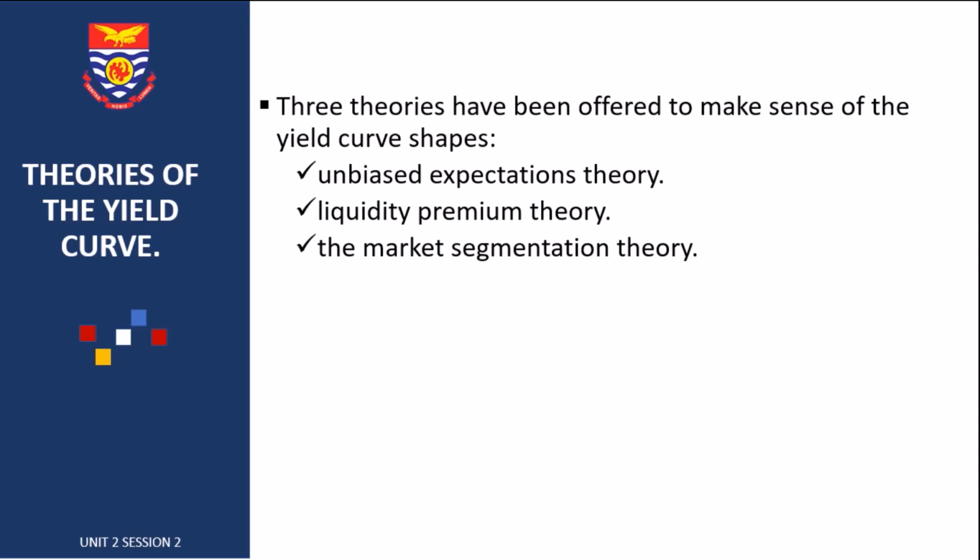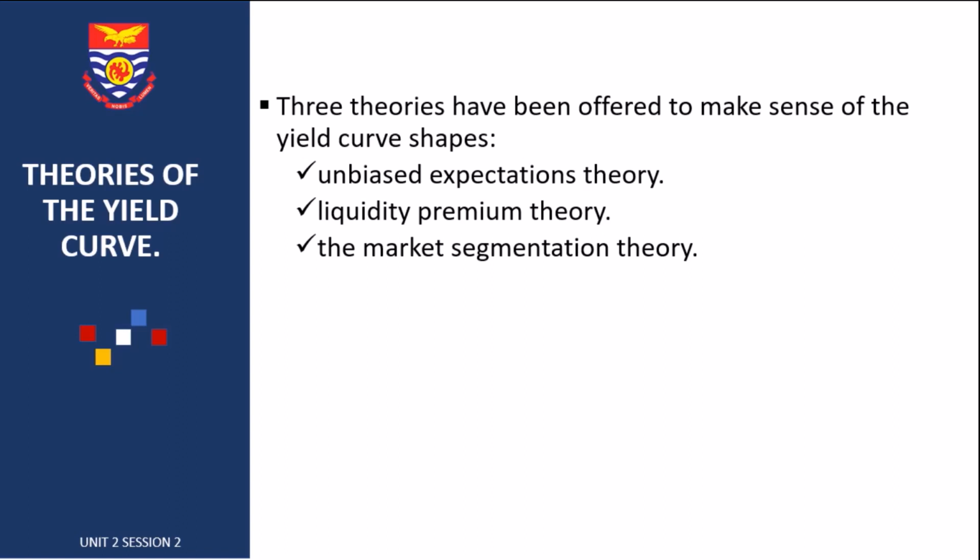That is, a 15-year bond would have a higher liquidity premium than a 10-year bond. So basically, with the liquidity premium theory, we are saying that the longer you keep the loan, the more interest you pay. So those who go in for a longer term loan will have to pay more as compared to those who keep short-term loans.